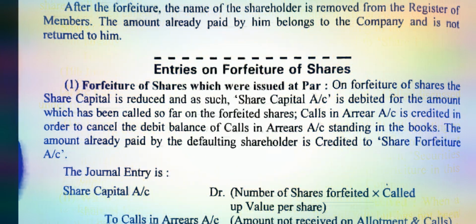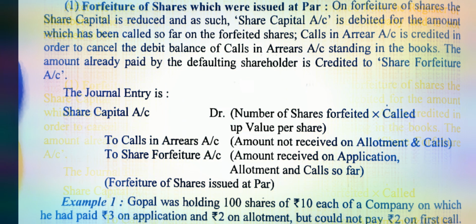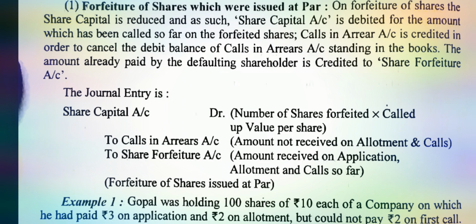So first of all, if we are preparing the entry for the forfeiture of those shares which were issued at par, the entry would be share capital account debit, to calls in arrears account, to share forfeiture account.